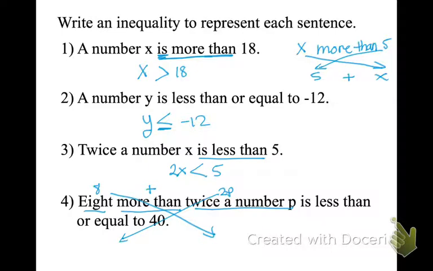We have to switch the terms. 2p plus 8 is less than or equal to 40. Okay, pause the recording if you need to keep taking notes.